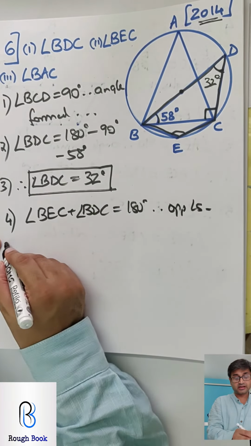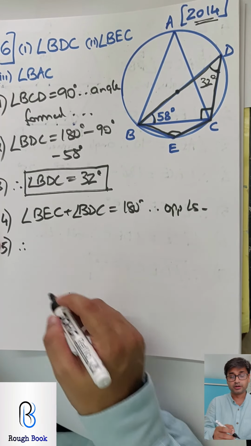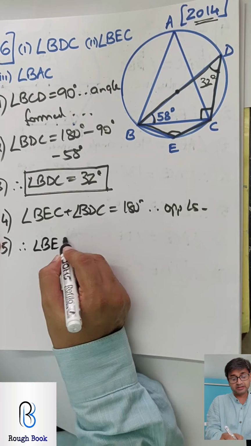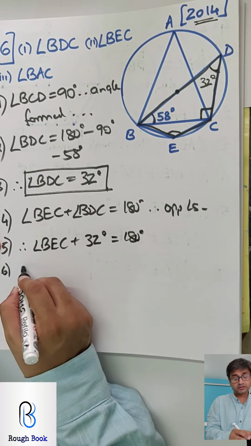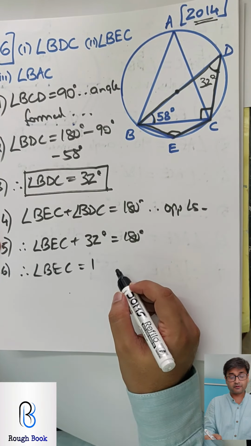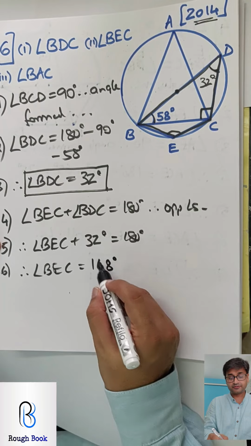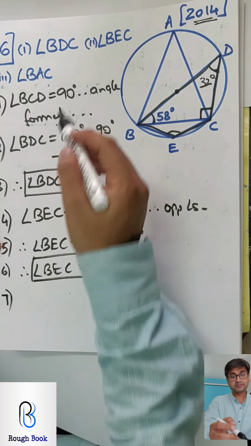Opposite angles of a cyclic quadrilateral are supplementary. Write the entire statement. Don't be lazy. You will learn it. So therefore BEC plus 32 equals 180. So finally BEC should be 148, 50 and 80. Yeah, that's correct. So I got BEC.